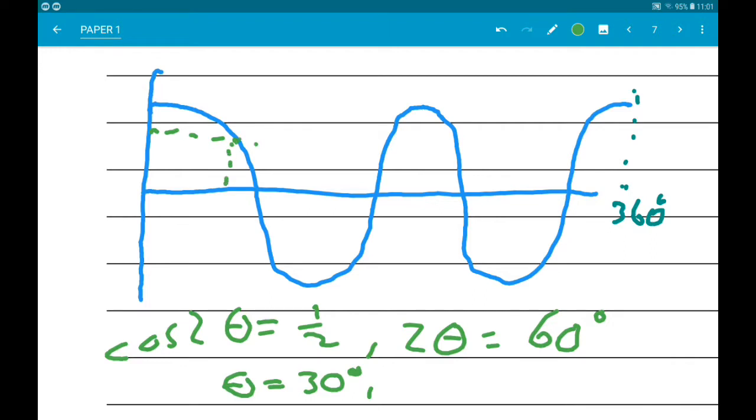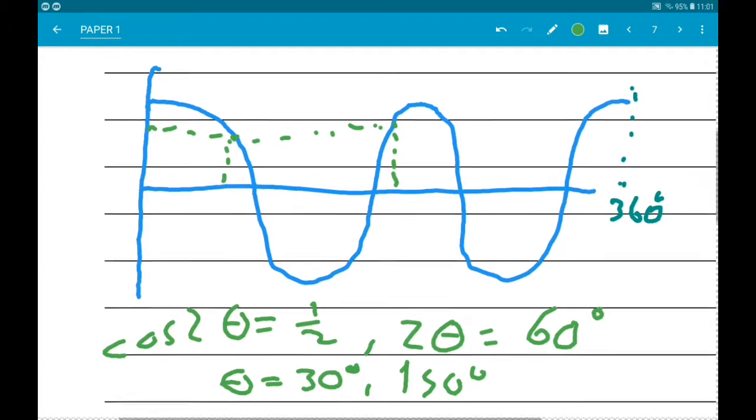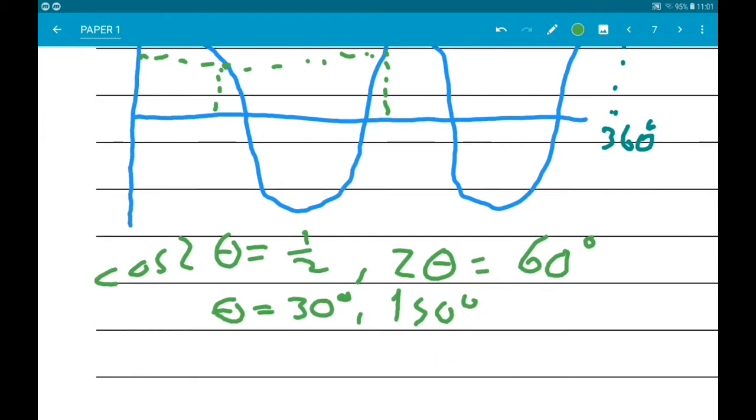Now this one over here is then going to be 30 degrees back from 180 degrees. So this one is now going to be 150. Now there's going to be 2 more. Now we know the period is now 180 degrees. So to count the other 2, we add 180 onto these.